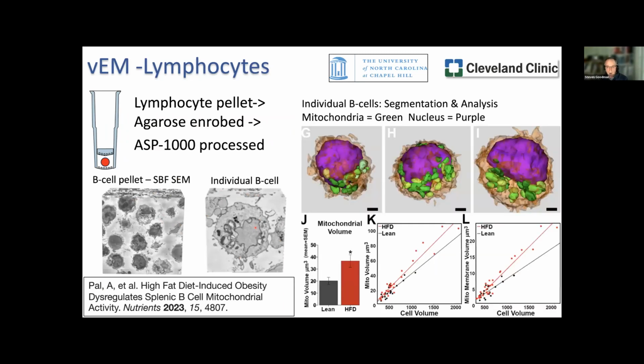And then this particular group in this study, of which Cleveland Clinic were co-authors, did segmentation and analysis of mitochondria and the nuclei, and were able to obtain a lot of information on how mitochondrial volume changes relative to obesity. Obviously, I'm not going to go into the science here. This is not my work.